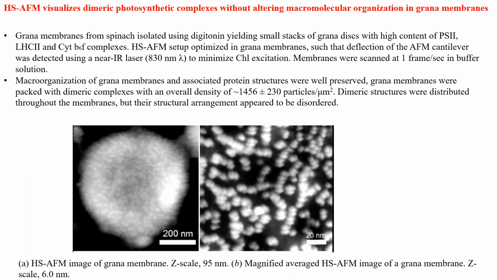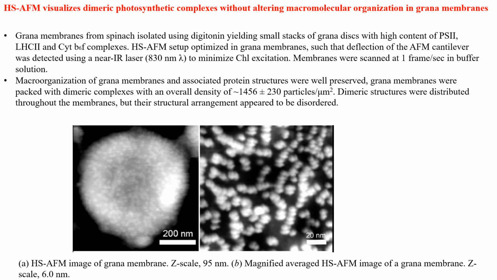The HS-AFM setup was optimized for the grana membranes such that the AFM cantilever would deflect at a wavelength of 830 nanometers in order to minimize any chlorophyll excitation. The membranes were then scanned at 1 frame per second in buffer solution.